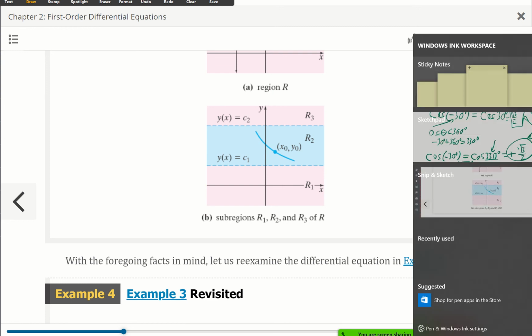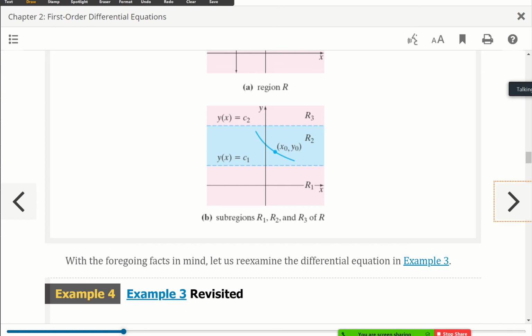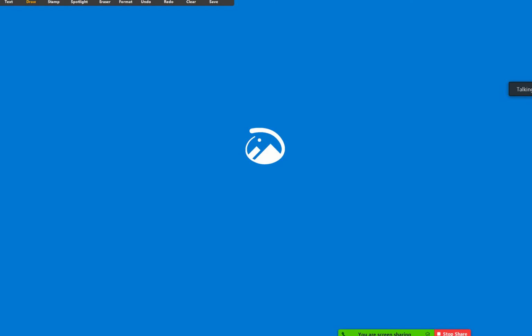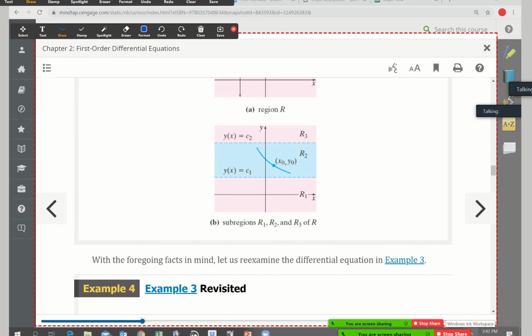So it's going to have to behave something like this. Either you're going to see solution curves go like this, or the alternative is that it might go like this. Again, it's going to be monotonic, so it's going to be either all decreasing or all increasing, and it would have to approach one equilibrium solution at negative infinity and the other at positive infinity.